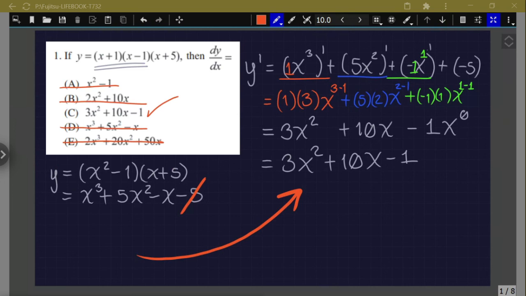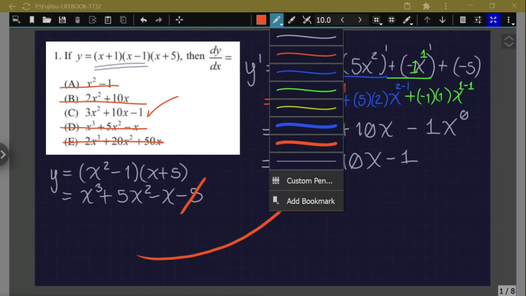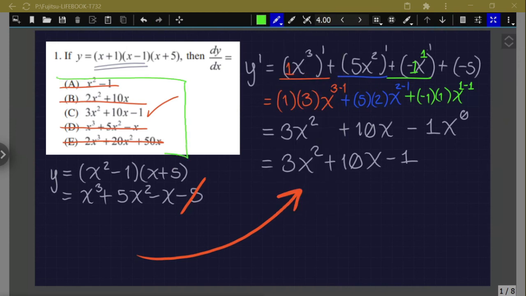You just do it more mechanically, but you should not forget about doing it by using the product rule, please. Another clue is, if you look at the answers here, all of them are already expanded. So that kind of gives you a clue.